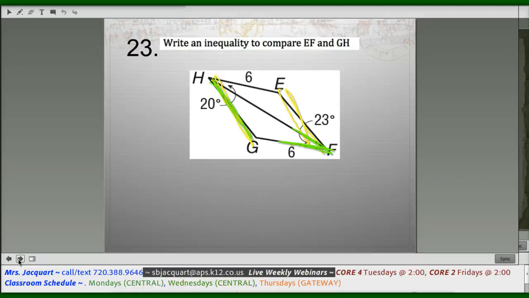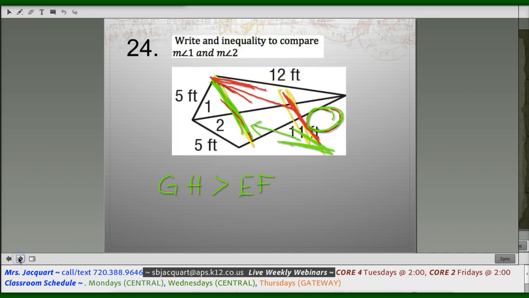So this one matches up with it. This one is 20 degrees, and that side matches up with it. So what that means is a 23, GH is bigger than EF. I think we're done. We're done?